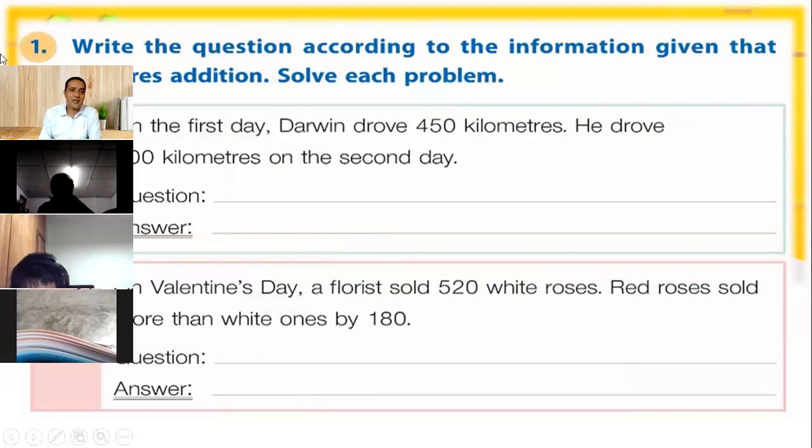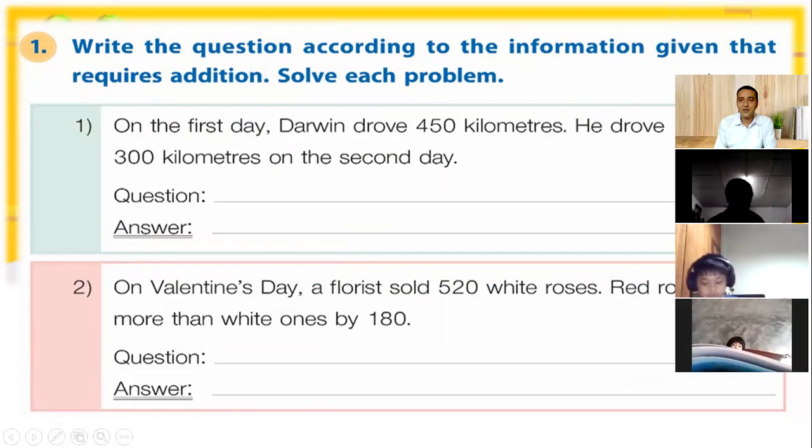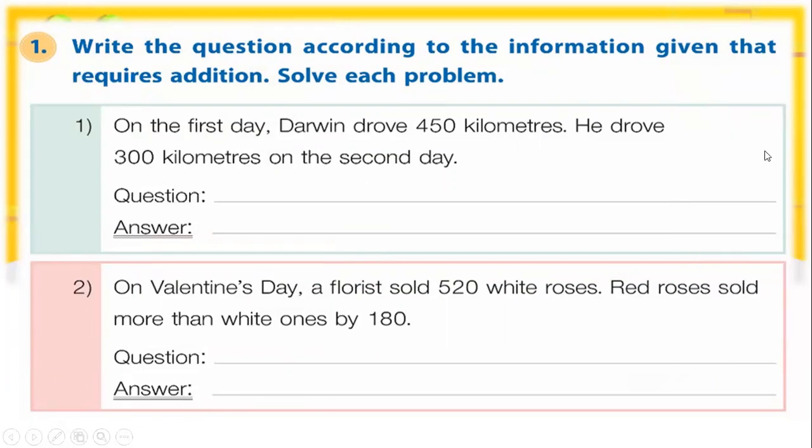Okay, students, now here, write the question according to the information given that requires addition, and solve each problem. Number one, we have the information: on the first day, Darwin drove 450 kilometers. He drove 300 kilometers on the second day.